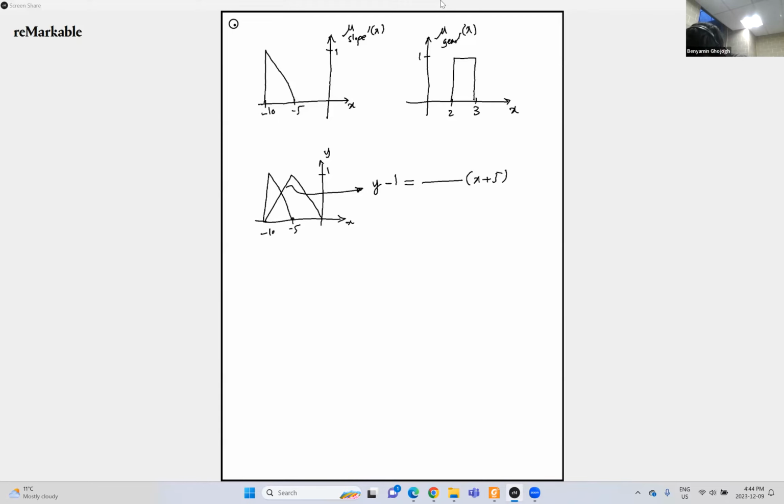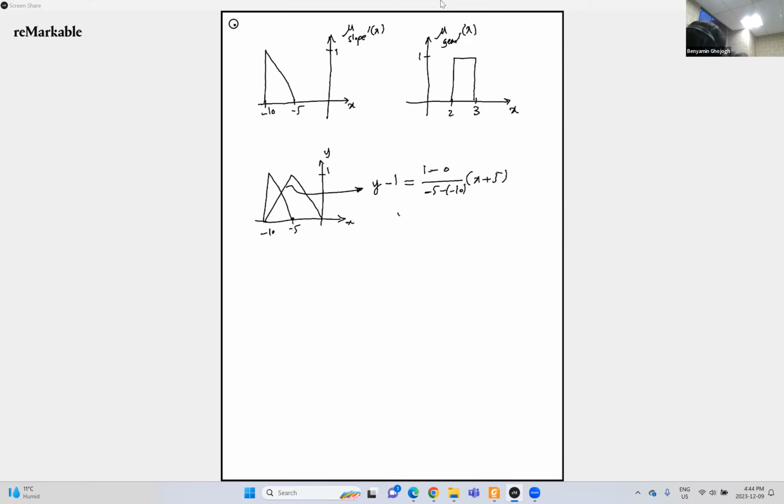And what is the slope? 1 minus 0 over minus 5 minus -10.